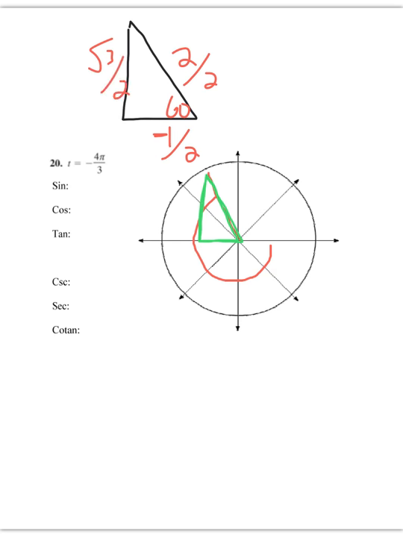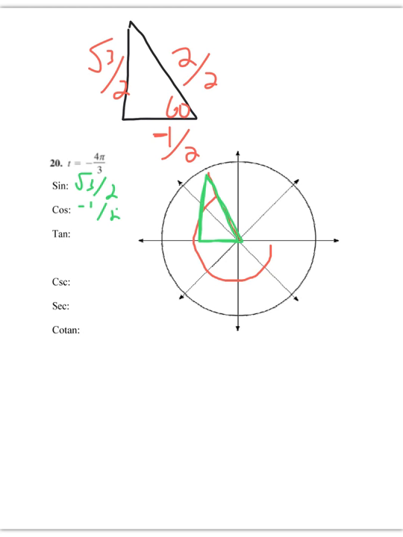Now notice that our hypotenuse is now 1. So sine is going to equal y, which is positive root 3 over 2. Our cosine is x, which is negative 1 over 2.